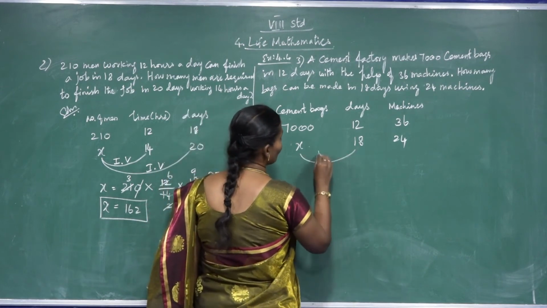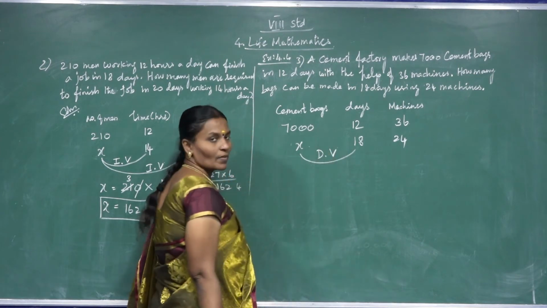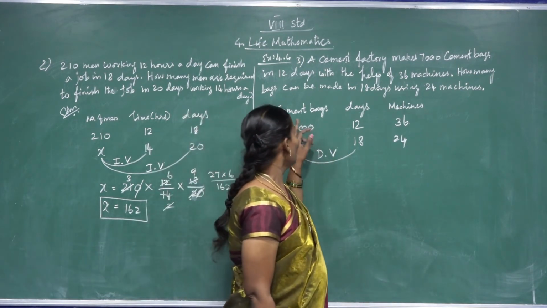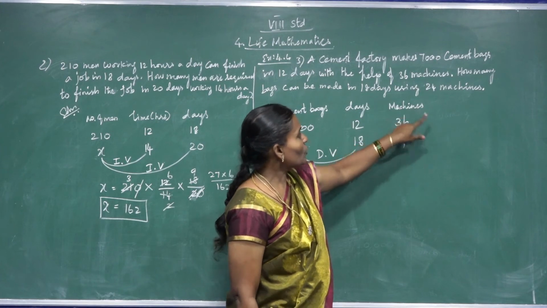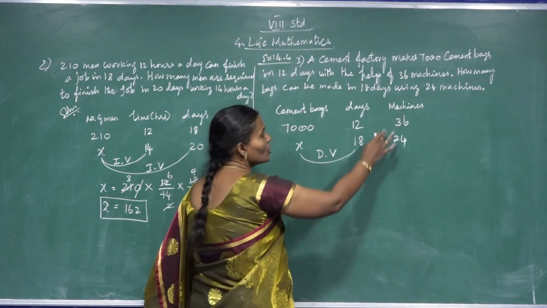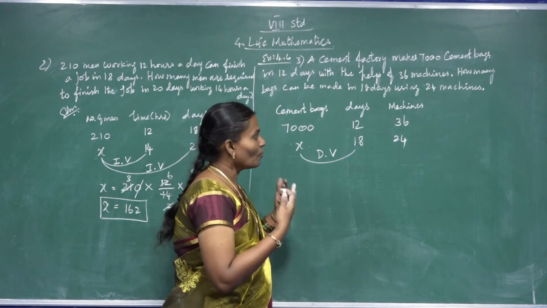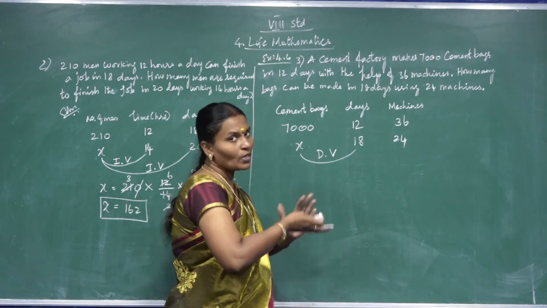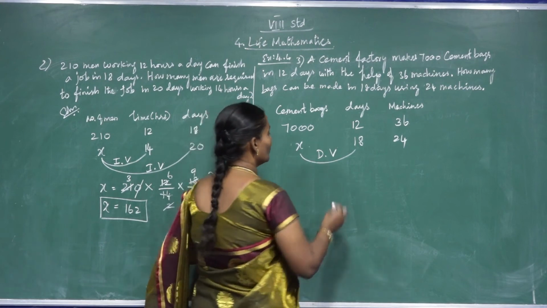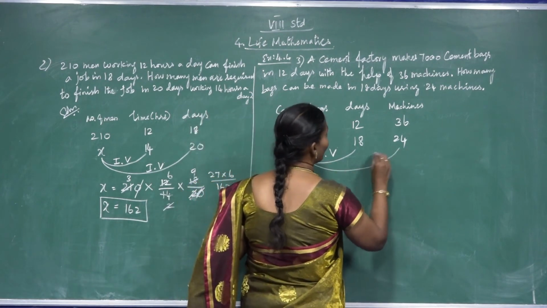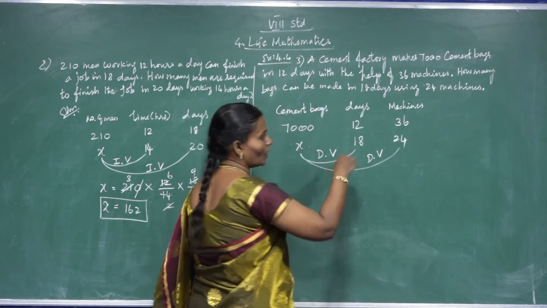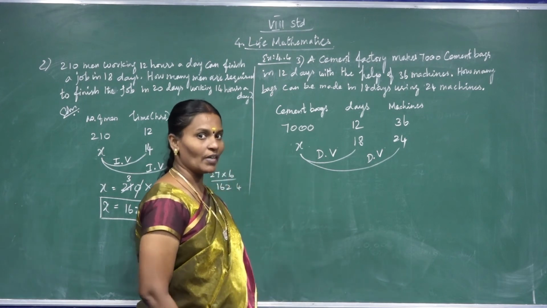Now compare cement bags with the machines. Here the machines are decreased, so the cement bags produced also decrease. Both are decreasing, so this is also a direct variation.